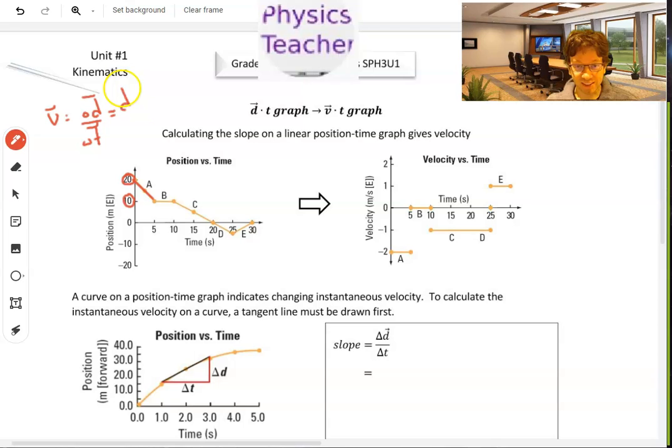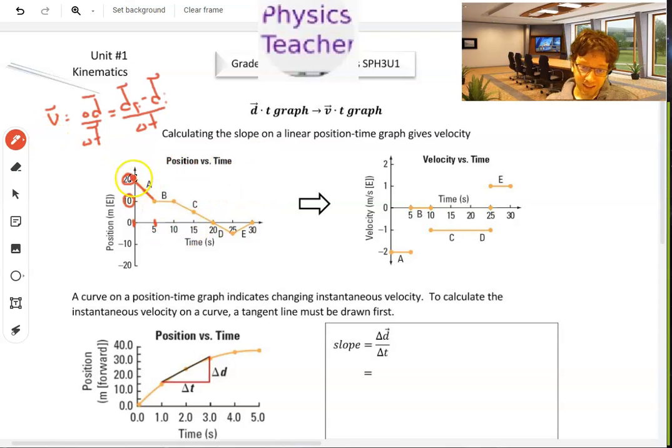I can rewrite this as final minus initial, and that's all over some time interval. Our time interval in this case went from 0 to 5. And your slope is rise over run, or displacement over time. So our slope on a position time graph tells us our velocity.